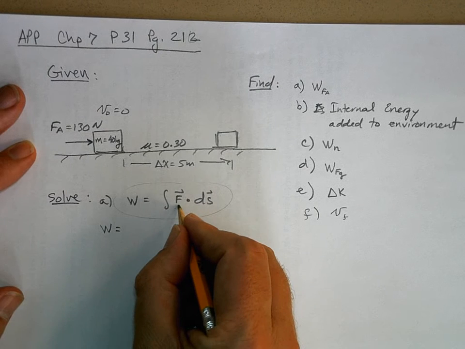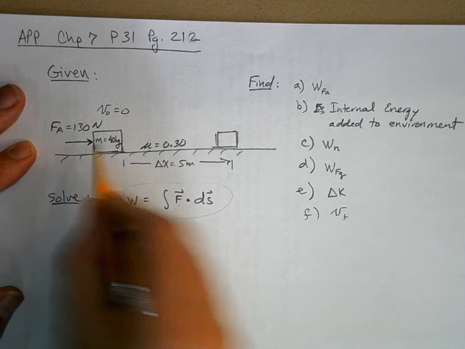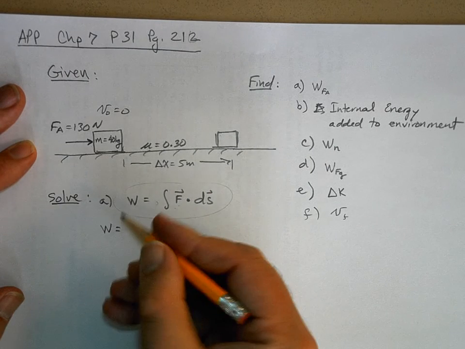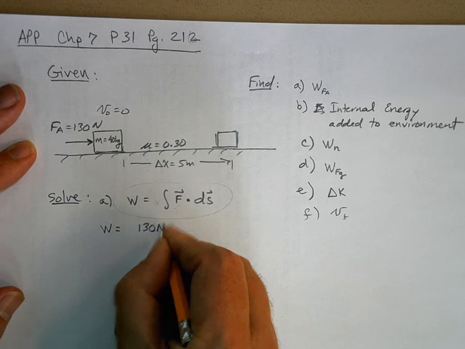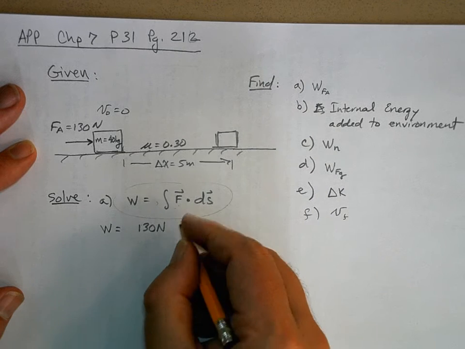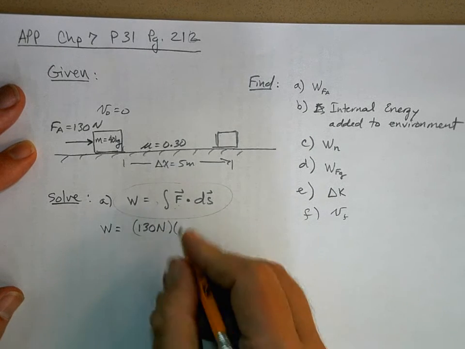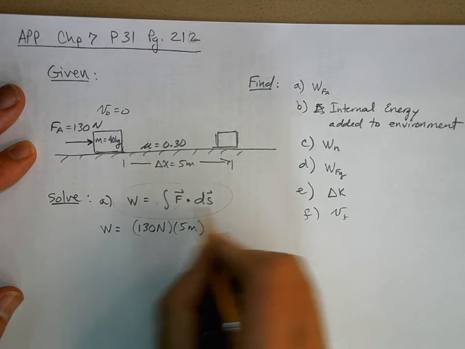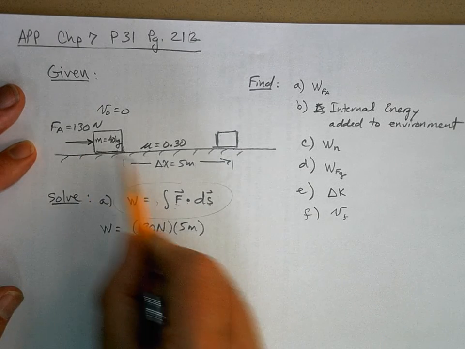Well, the applied force is just a constant 130 newtons, so it comes out of the integral. And so you have 130 newtons, and the sum of ds is just the total displacement, delta x, and delta x here is 5 meters. Then the dot product means you have to multiply by the cosine of the angle between the force and the displacement, but they are parallel.